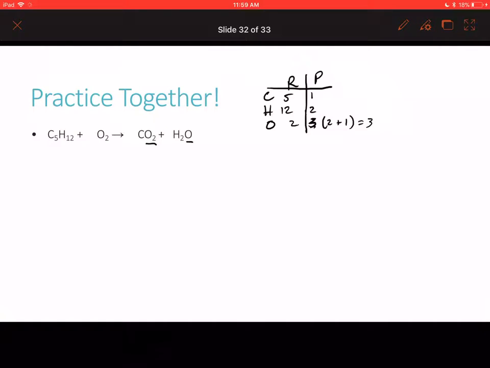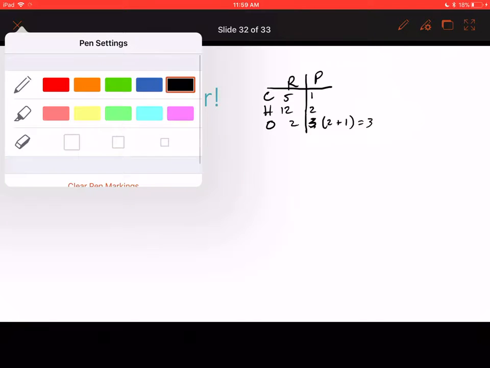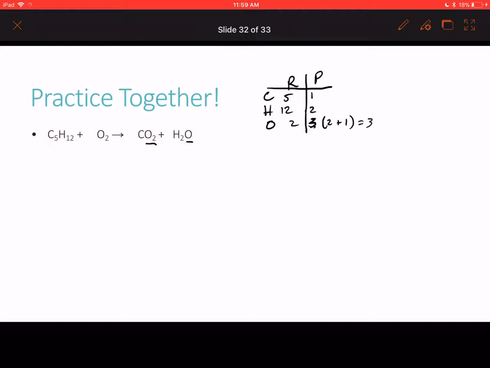All right, so balancing. What I recommend you do with these is balance the carbon, then the hydrogen, and then worry about the oxygen. So I'm going to put a 5 in front of carbon dioxide, so that way my carbons are balanced. So now I have 10 oxygens from my carbon dioxide.